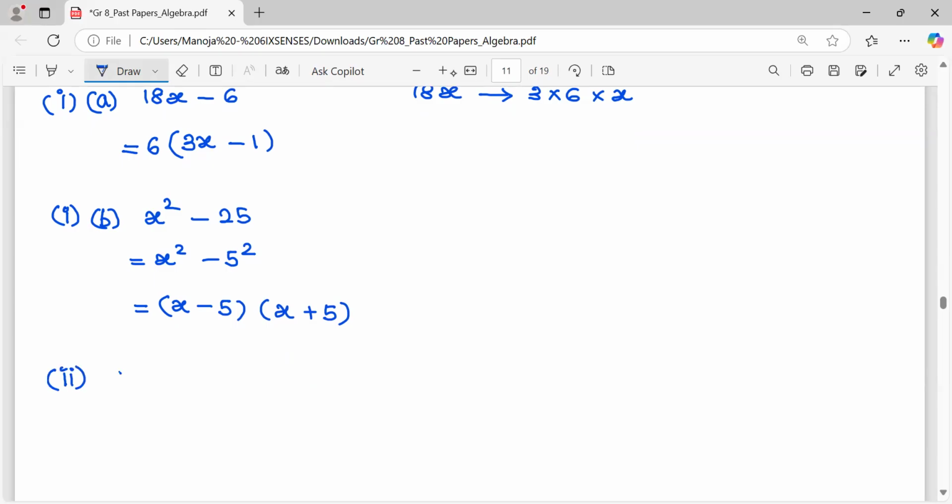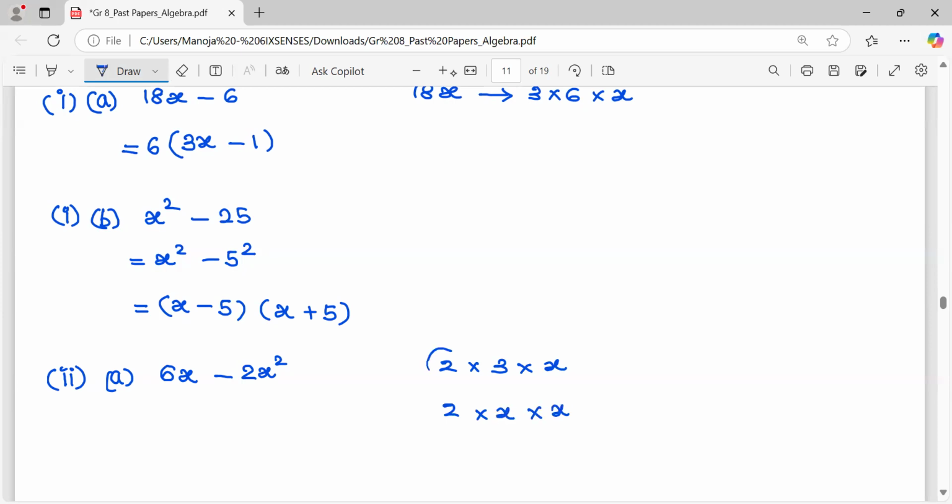Question number 2, part A. We have 6x minus 2x squared. The 6x means 2 times 3 times x. 2x means 2 times x times x.